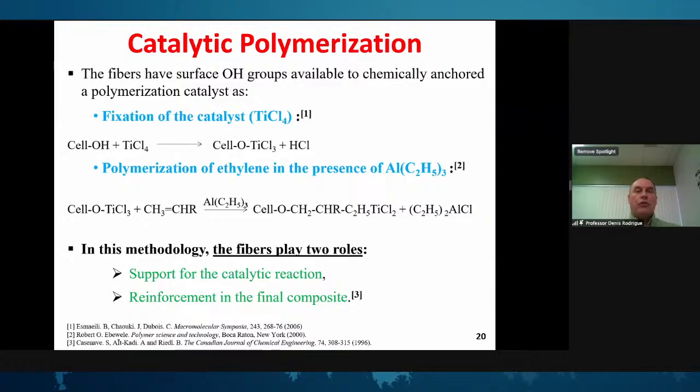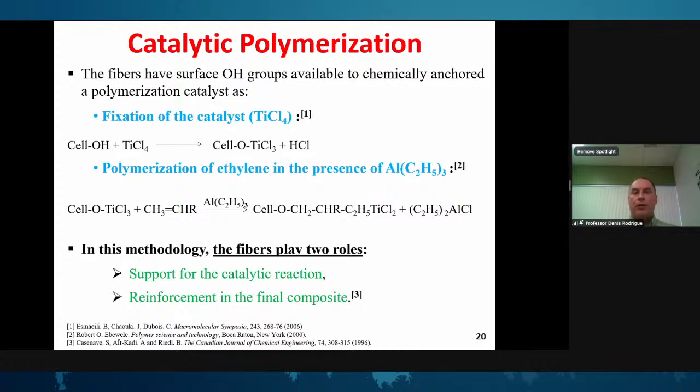The idea is that on the surface of your lignocellulosic fiber, you have a lot of hydroxyl groups available because we actually started with mercerization. We clean the surface of the fiber. And what we do is we chemically anchor the polymer on top of the fiber itself. So the OH groups are used to fix a catalyst and a co-catalyst.